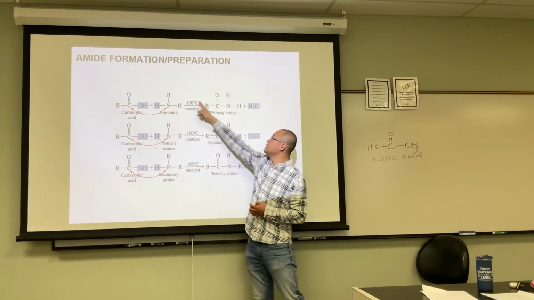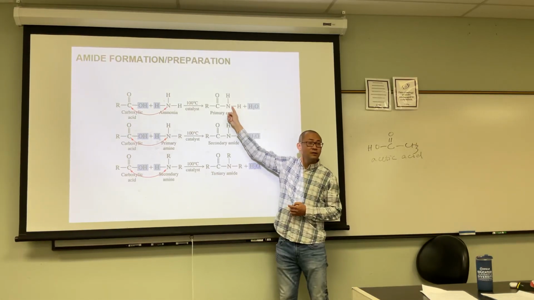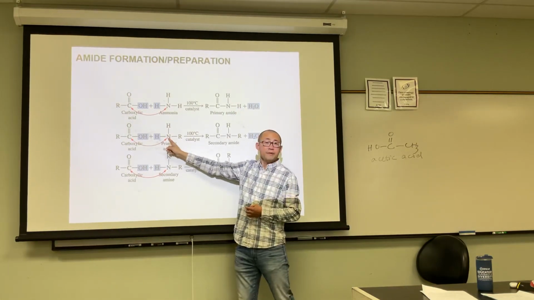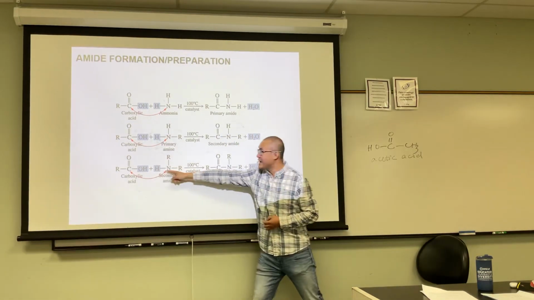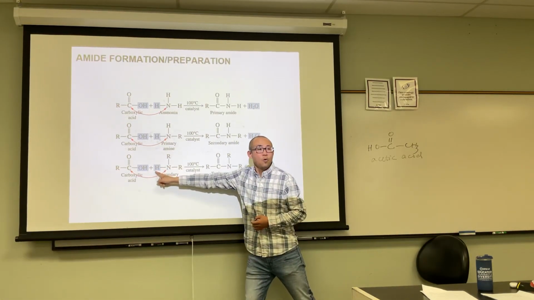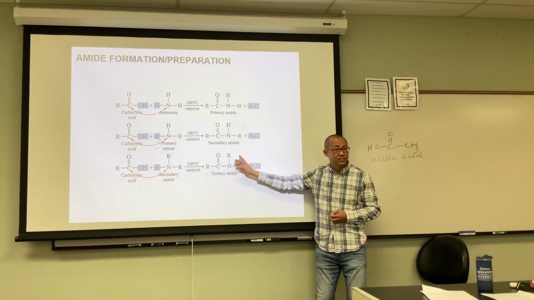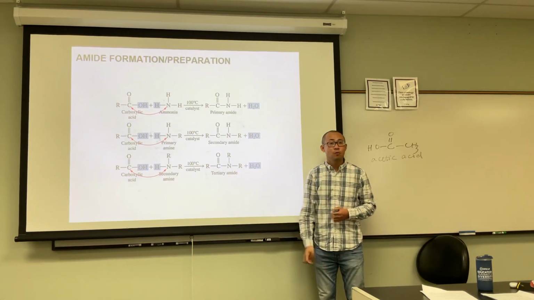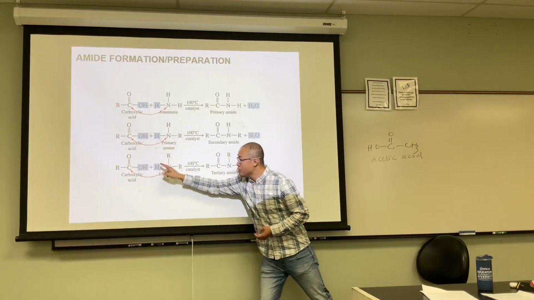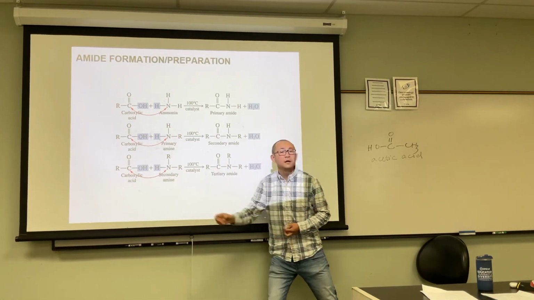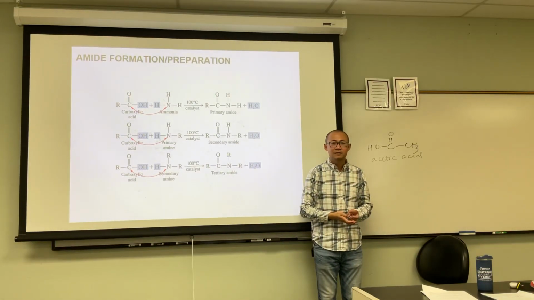Ammonia has 3 hydrogens, now this has 2. A primary amine has 2 hydrogens, now has 1. A secondary amine has only 1 hydrogen, now there's none. Why? Because in order to make an amide bond, you need to remove a hydrogen. Does it make sense, guys?